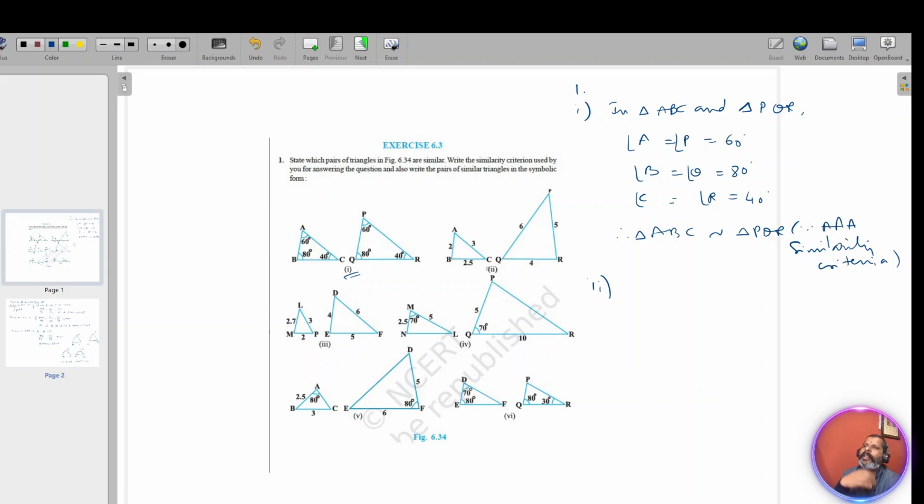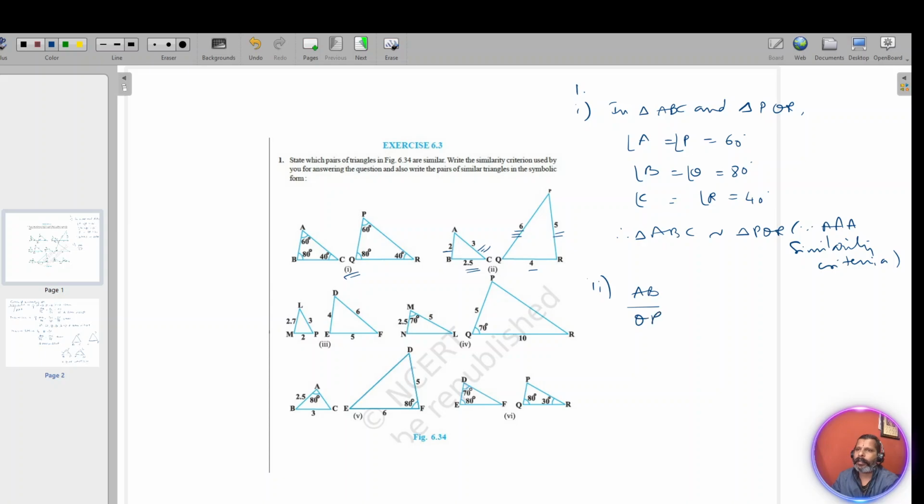If you observe the ABC triangle and PQR here, the ratios 2 and 4 becomes 1 by 2, 2.5 and 5 becomes 1 by 2, 3 by 6 becomes 1 by 2. So we have to write properly the letters of the triangle. If I write AB, I am moving from 2 to 2.5, so it should be 4 to 5, means QR.